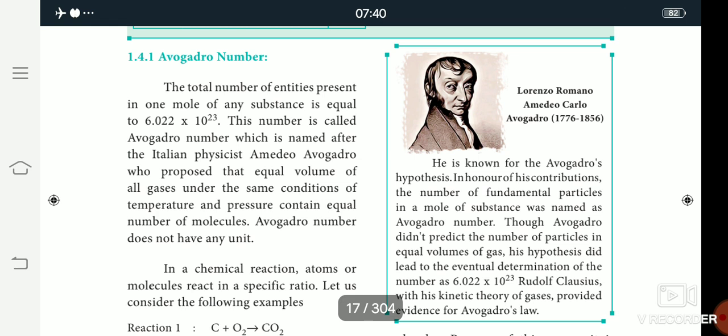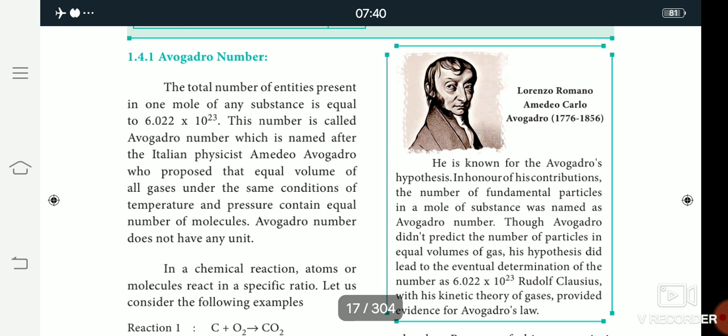He proposed a law, the Avogadro law: equal volumes of all gases under the same conditions, temperature and pressure, contain an equal number of molecules.